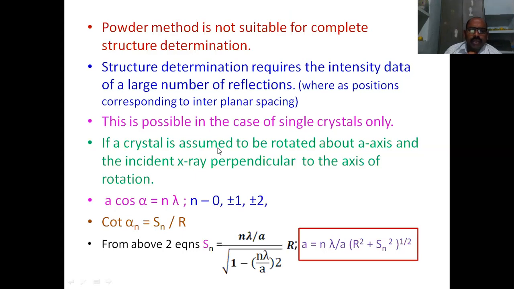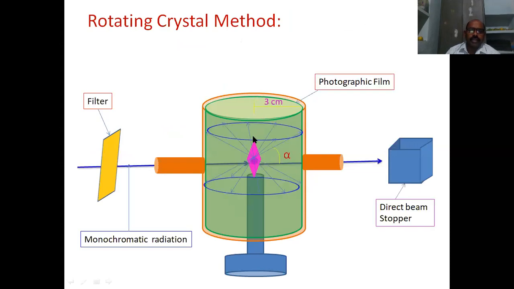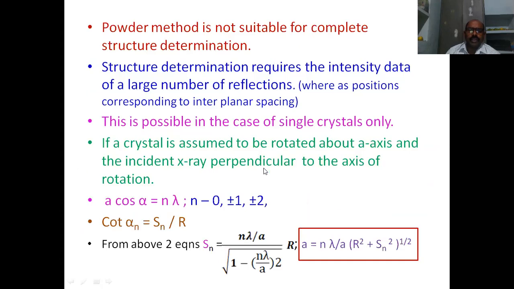If a crystal is assumed to be rotated about the A axis and the incident X-ray is perpendicular to the axis of rotation, here we are seeing the axis of rotation. If we call it the A axis or X axis, and the X-ray is perpendicular here, and the angle is alpha, then from Laue equations we get this relation: A cos alpha is equal to n lambda.